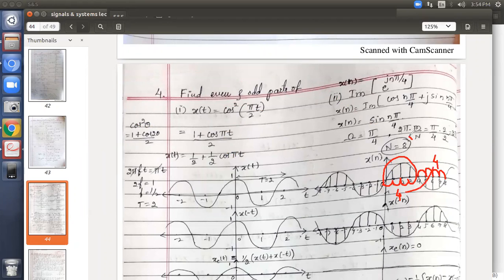So 4 plus 4, I will get N equal to 8. In this way I can draw x of n. Once I draw x of n, it is easy for me to get the reflection of the signal, right? So what is the reflection of the sine signal? I have told you that sine is an odd signal. So if this positive side is starting like this, what is the reflection of the signal?